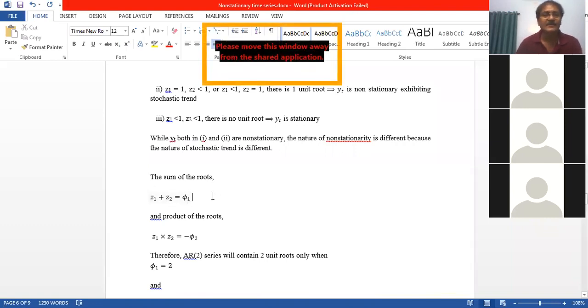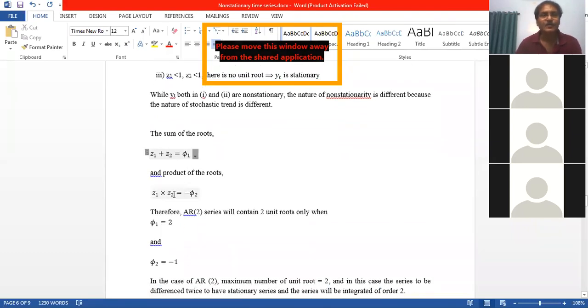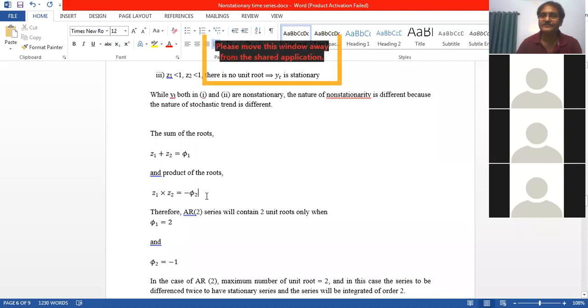By following this rule, we can say the sum of the roots z1 plus z2 is equal to minus b by a, meaning in our case phi 1. And the product of the roots z1 into z2 is equal to c by a in general, but in our case it is equal to minus phi 2. Okay, so these results we have got by utilizing the theory of quadratic equation.